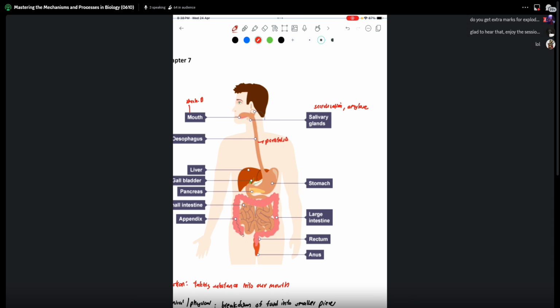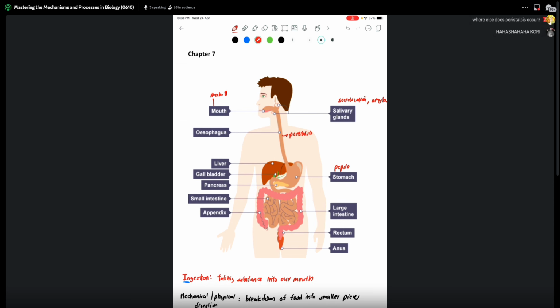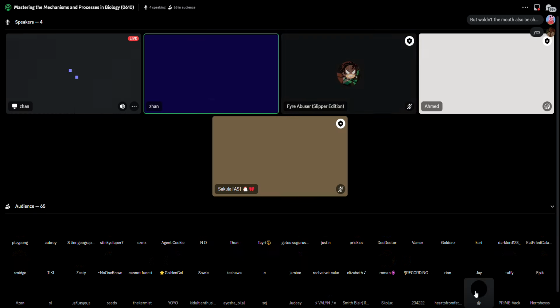The stomach has pepsin, the protein enzyme that works in acid and helps to break down protein into amino acids. The stomach also has a very interesting wall, a protective layer that prevents the hydrochloric acid from dissolving the stomach lining. The mouth can undergo both mechanical and chemical digestion, because chemical digestion occurs with the salivary glands.